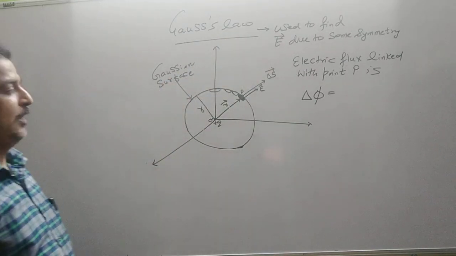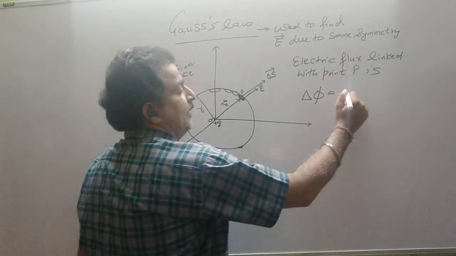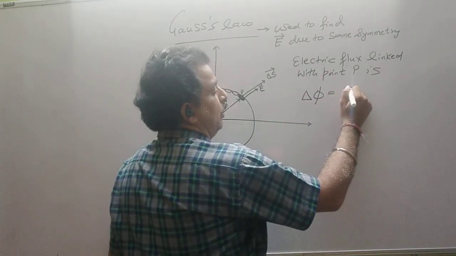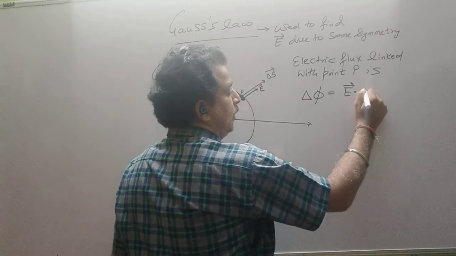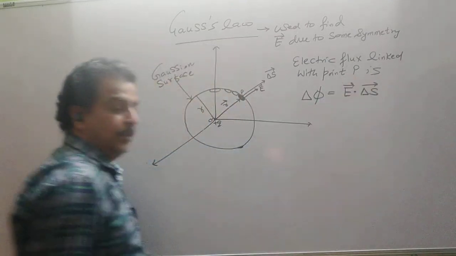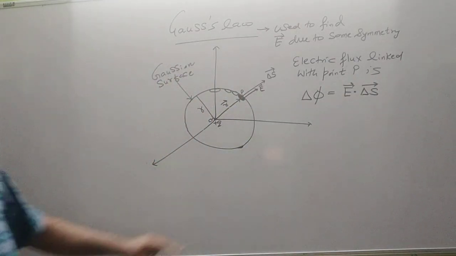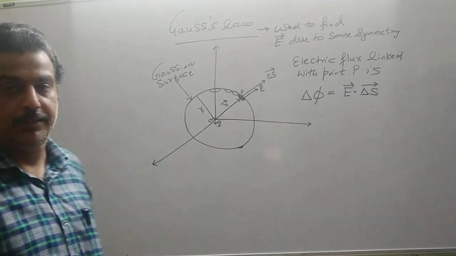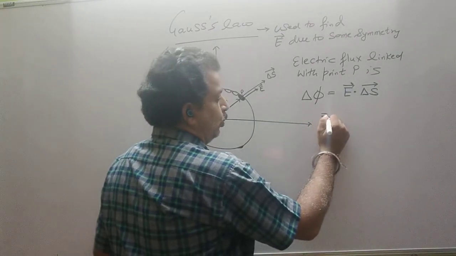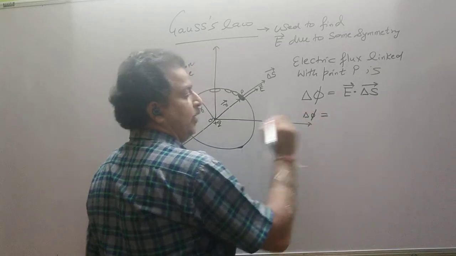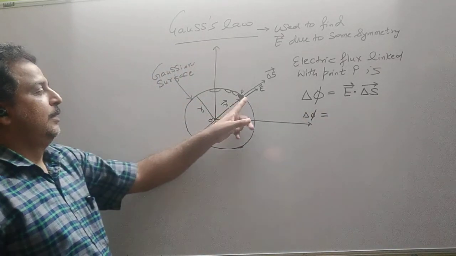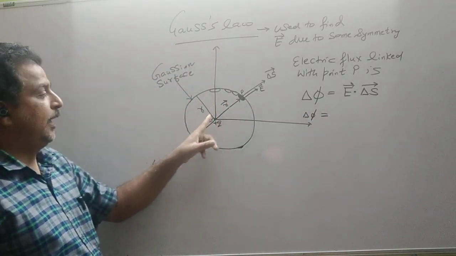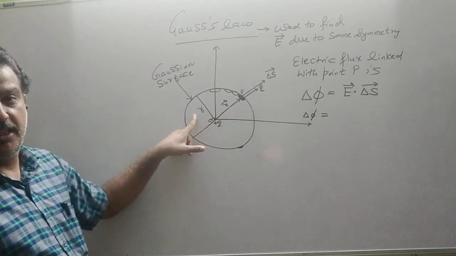So delta phi is equal to E dot delta S vector. That is what we have studied about the electric flux. Now this is equal to the flux linked with the point P. Point P's position vector is r vector, and the magnitude of the distance is the radius.